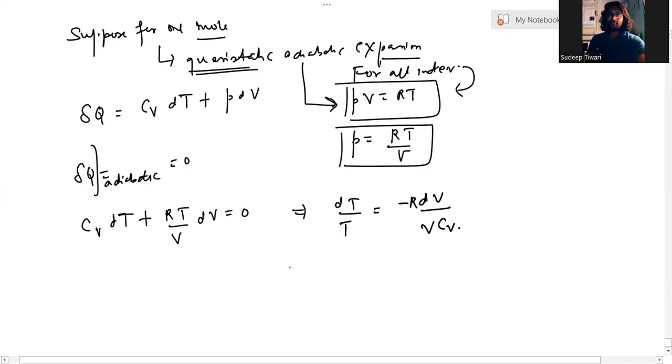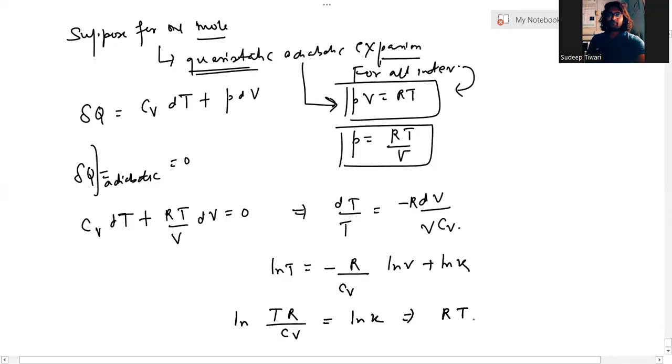If I integrate it, I'll get ln T is equal to minus R upon Cv ln V plus ln K. Have I written something wrong? No, so sorry.